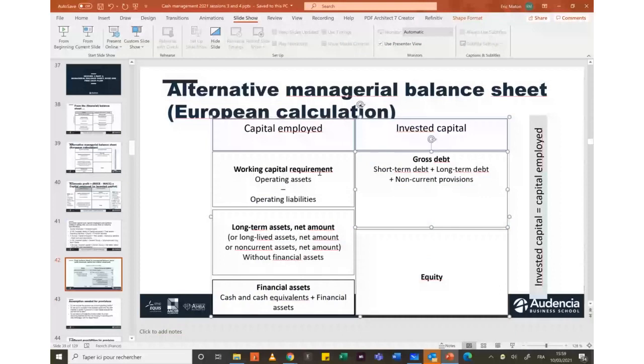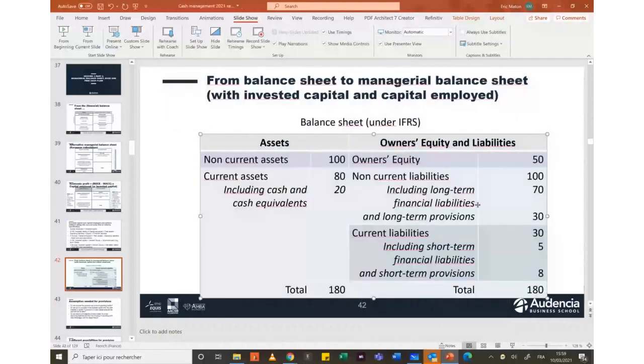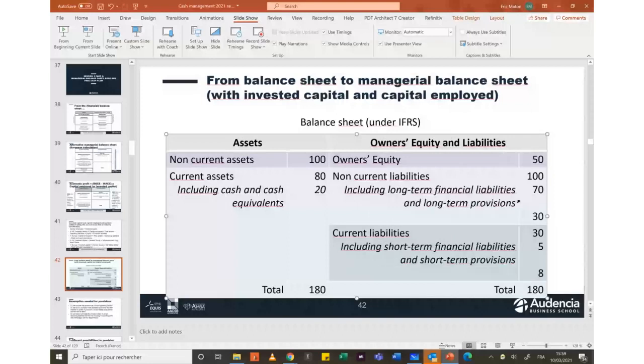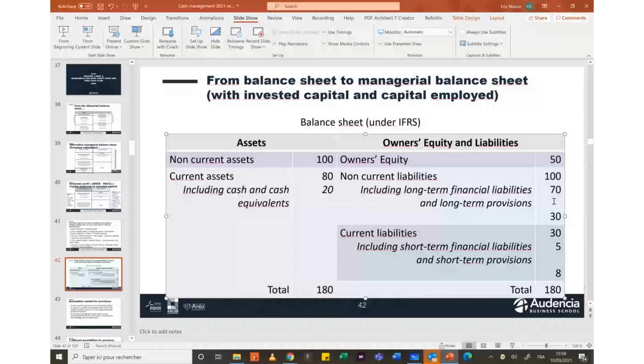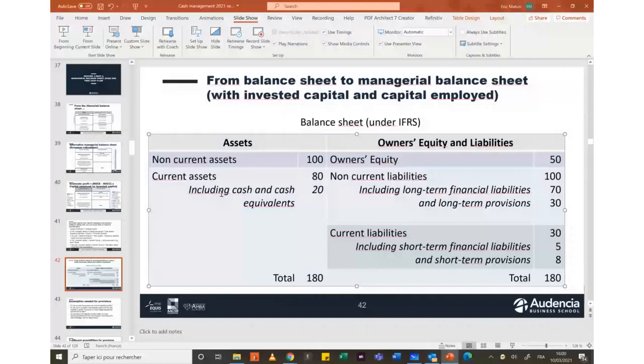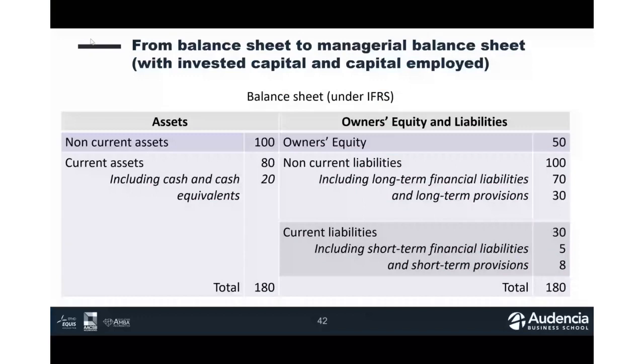So I precise this, but we have other things also. So can you calculate what is the capital employed and what is invested capital? So in function of this information, what is the capital employed? What is invested capital?